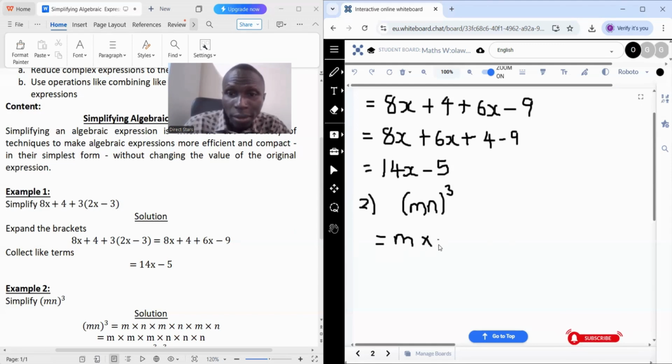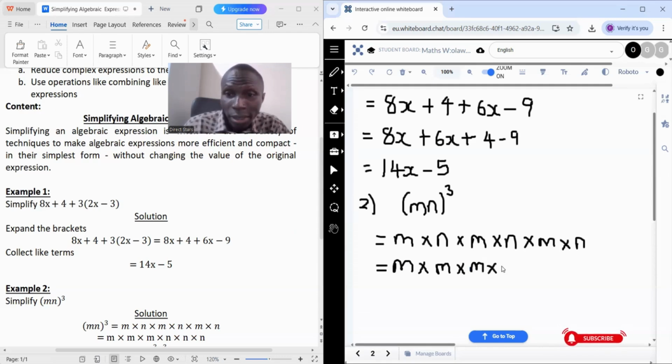M times n times m times n times m times n. So bringing the m together, we can still have this to be m times m times m, then also bringing the n together, we can have this to be n times n times n.